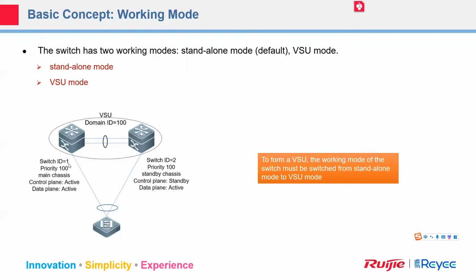And the priority, 100, is for the chassis to become main or standby. And about the control plane and the data plane: on one switch, we have a control plane to do some calculation like the routing table, MAC address table, ARP table. All the tables will be calculated from the control plane.